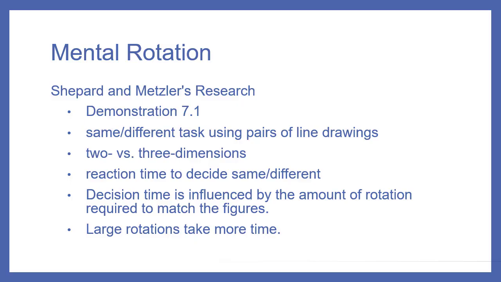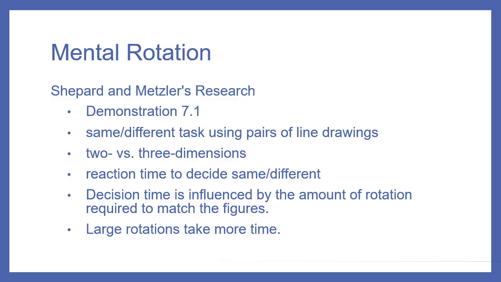You look at the pairs, so you look at pair letter A, and you can determine if those two shapes are the same shape, just rotated, or if they're different shapes. We're looking at speed and accuracy. So if the two shapes are the same shape, just rotated, how quickly can you make a correct determination?